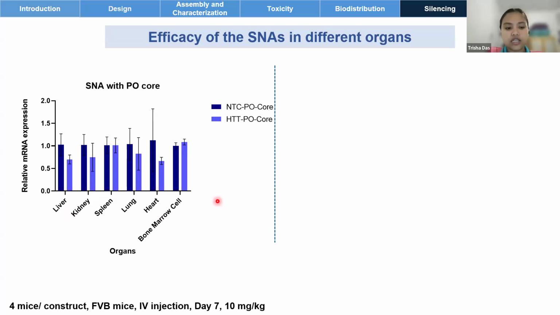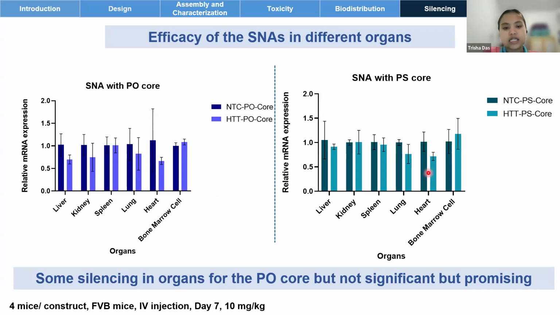These are all done using FVB mice and IV injections on day 7 with a 10 mg per kg dosage. Since we saw differences in distribution, we wanted to see whether changing the core also affects silencing, and we do see it a bit. The PS SNA does not silence as much. The results here are not that significant, but they are very promising because this is our first foray into seeing how this structure behaves in vivo.